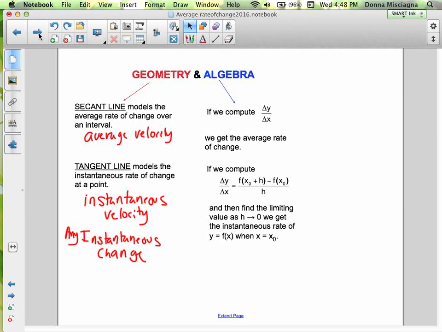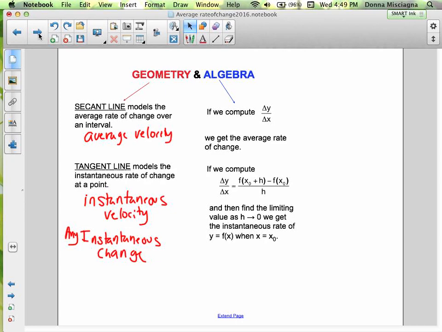Right? So it's the instantaneous rate of change at a point. So it's our instantaneous velocity or any instantaneous change. It doesn't have to just be velocity. So therefore, if we compute the limit of the change in y over the change in x as that difference between our points goes to 0, in other words, f of x naught plus h minus f of x naught, where x naught is just some point, divided by h, as h goes to 0, we find that limit, then we'll find our instantaneous rate of change for y equals f of x when x equals x naught.